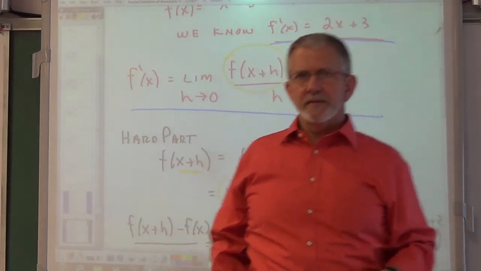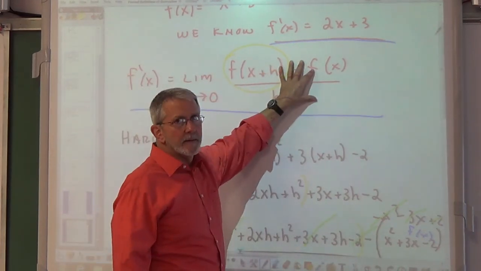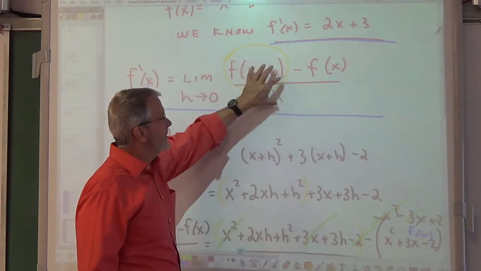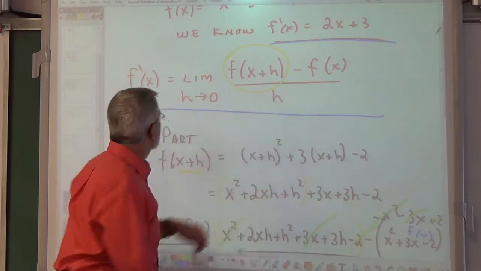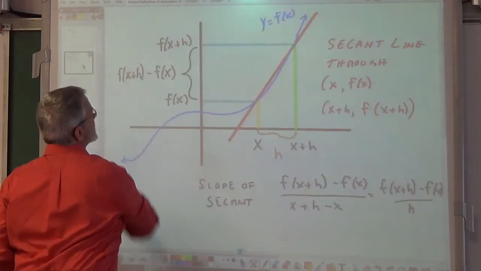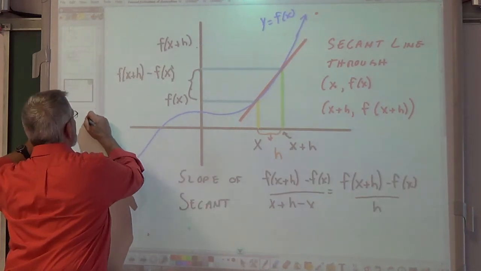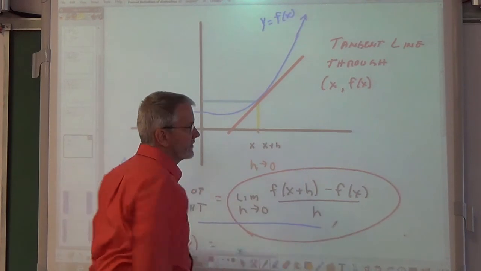Nothing elaborate, but for some simple functions we need to be able to use that. Keep in mind, where did this come from? It's the limit of a secant line as this h, as the delta x, goes to 0. Bam! The h's are getting smaller and smaller and smaller, hence the definition of the derivative.